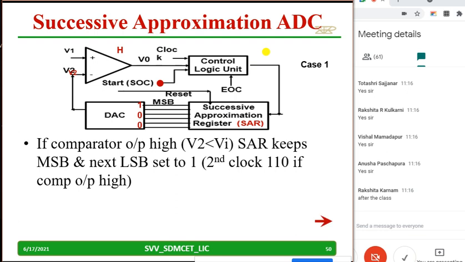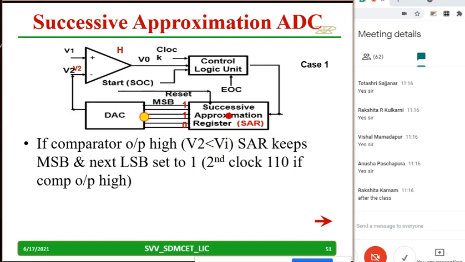When the comparator output becomes high, the SAR keeps the MSB as it is and sets the next bit. Instead of 100, it will now become 110. 110 is given to the DAC and the DAC will generate some voltage again.